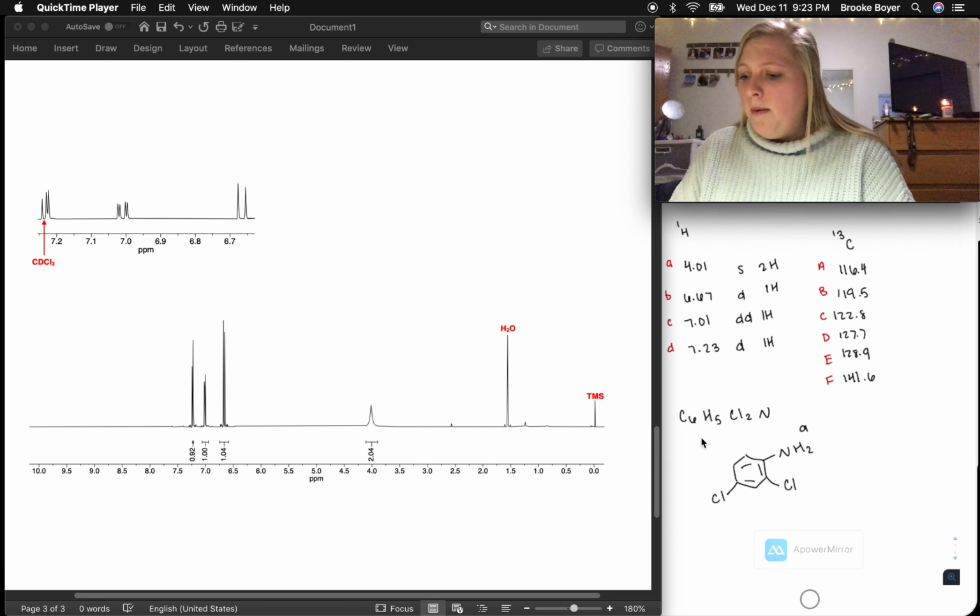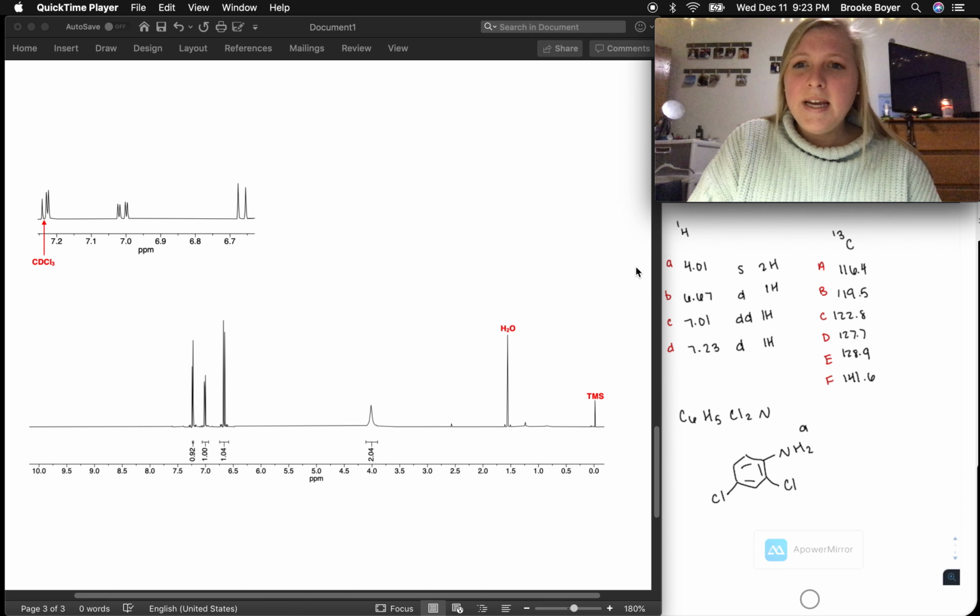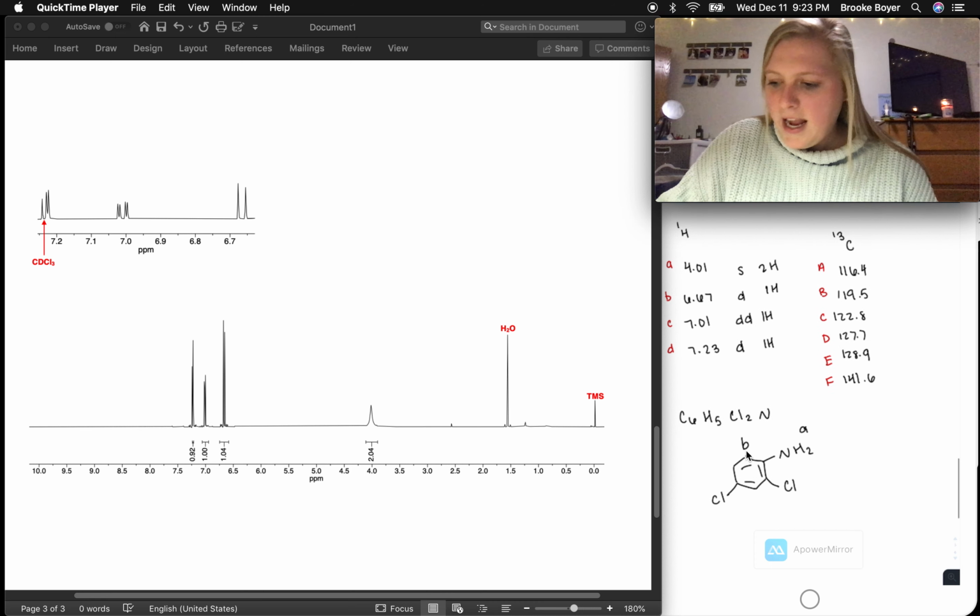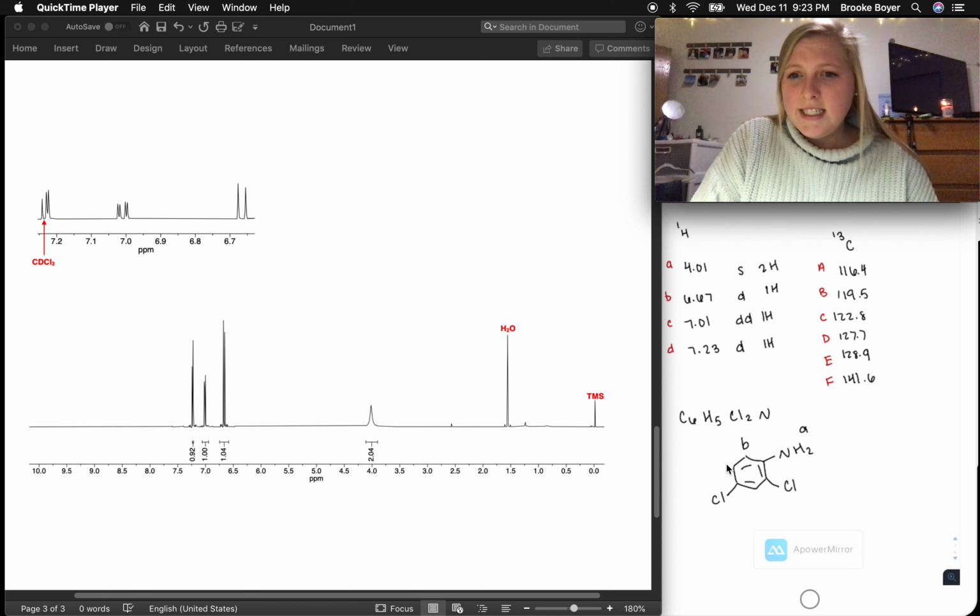And I would say this because looking at our hydrogens, our B hydrogen right here is just a doublet, so that means it would only see 1 neighbor, which could be this one right here, and it's doubtful that it would reach all the way across and see that guy over there. So I would say that would be B.